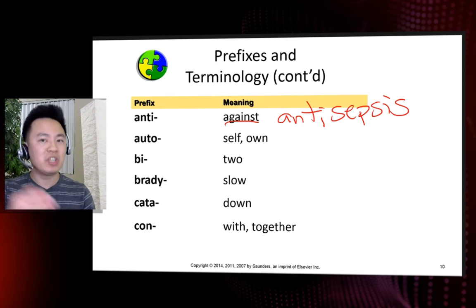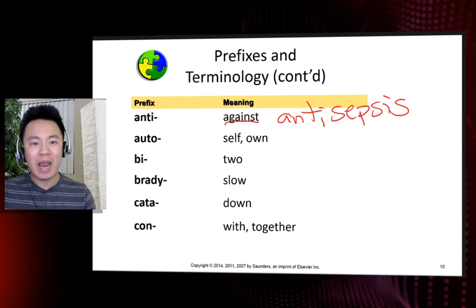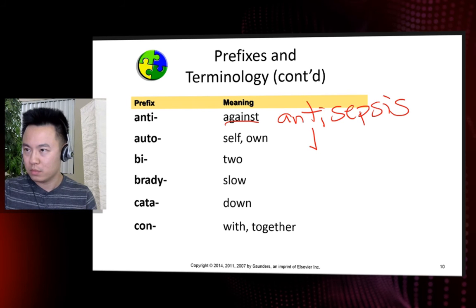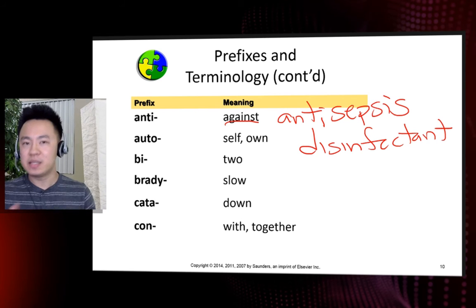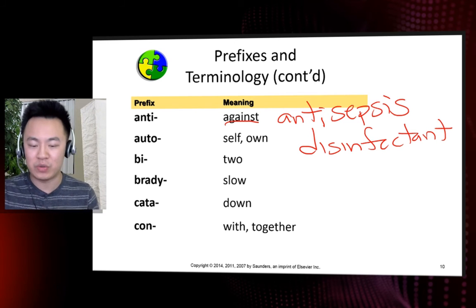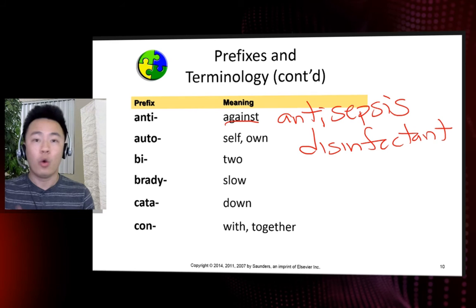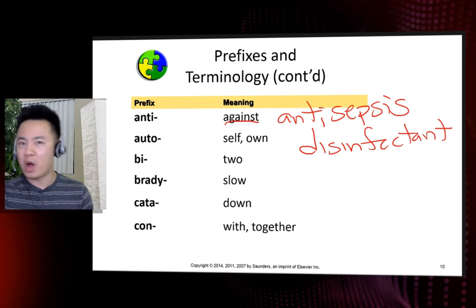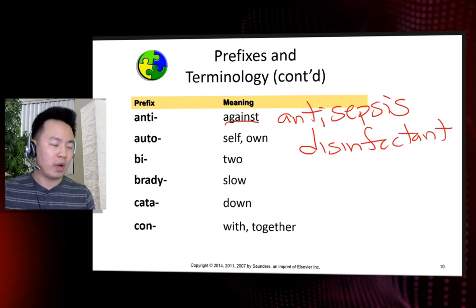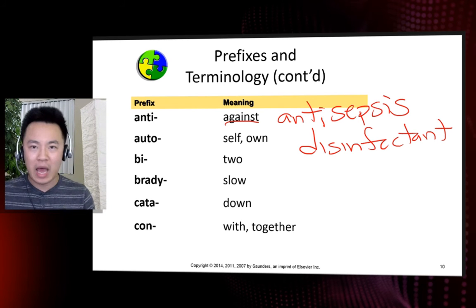However, there is a different, opposing word, which is disinfectant. A disinfectant does the same thing. It kills or inhibits microbes. However, it kills or inhibits microbes on inanimate surfaces. For example, your tabletop, or the door handle, or the handle on the refrigerator, or the bottom of your shoe, or the goggles in the lab, or whatever.